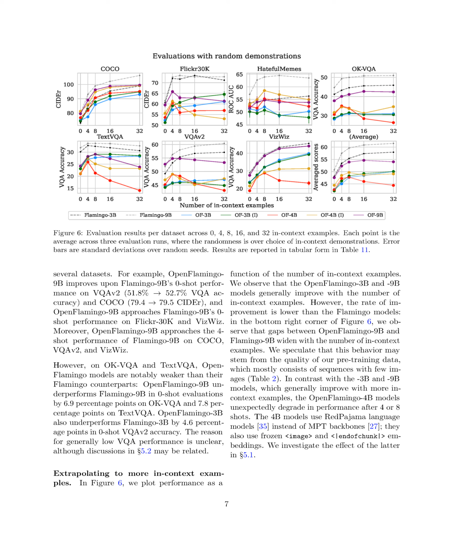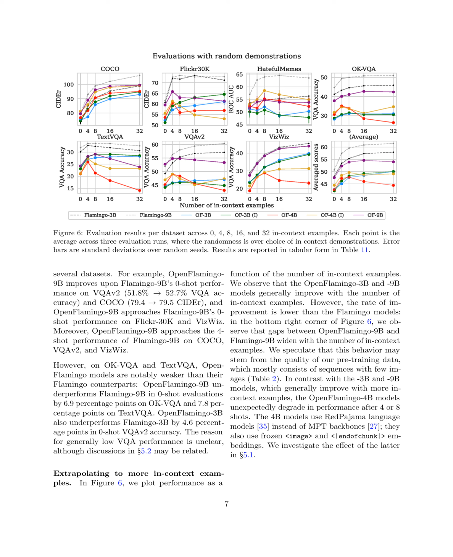In contrast to the -3B and -9B models, which generally get better with more in-context examples, the OpenFlamingo-4B models surprisingly perform worse after 4 or 8 shots. These 4B models use RedPajama language models instead of MPT backbones, and they also use frozen image and end-of-chunk embeddings. We're looking into the effect of the latter.